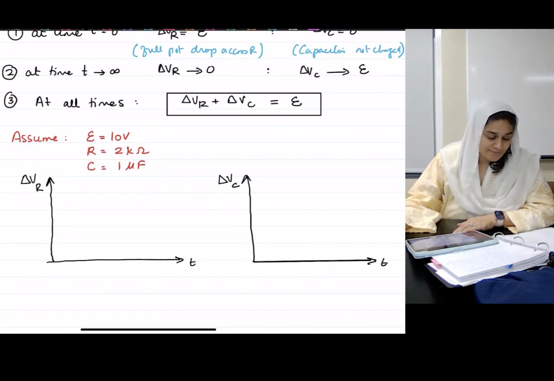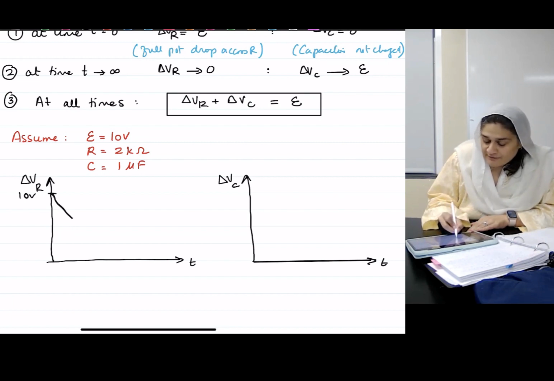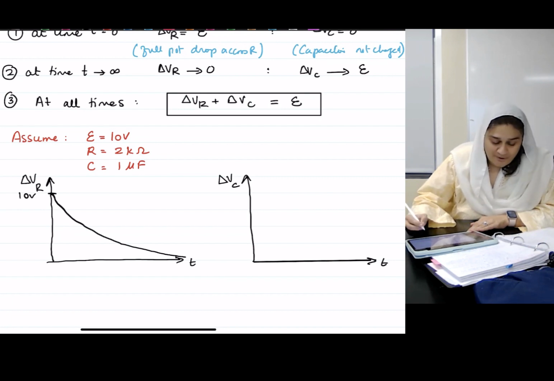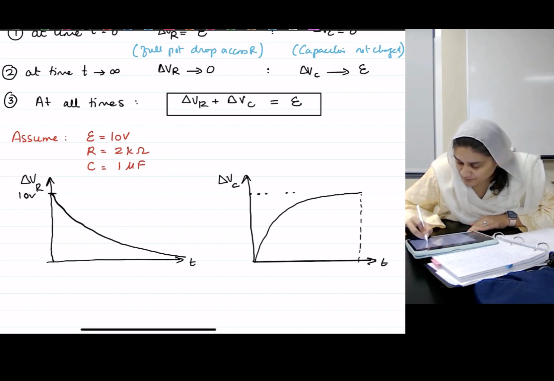What will these look like? So at time t equals 0, this is at 10 volts. This graph will look something like this, whereas this graph will look something like that. And this will be 10 volts.